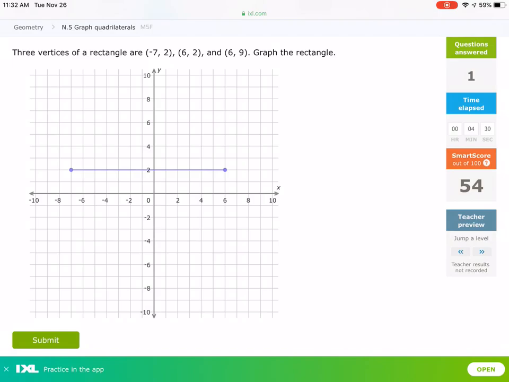It's actually a really long side. And then 6, 9 is up here. If we wanted to complete this rectangle, we can't put the last vertex over here, or here, or here. It has to be in a way so that we make a 90-degree angle. So we have to bring this up all the way in this direction.